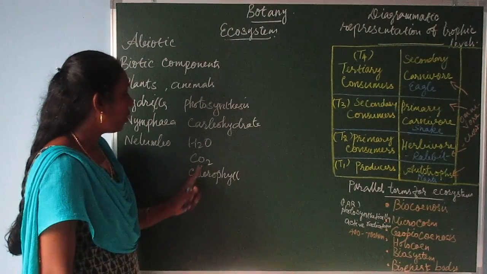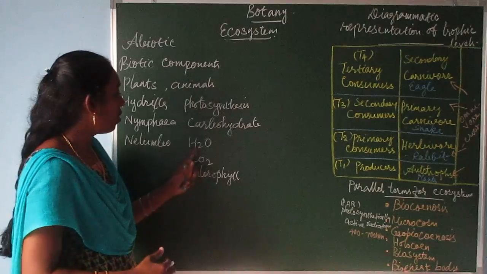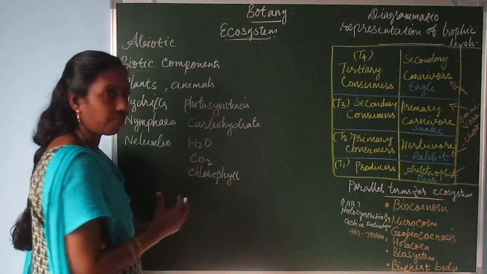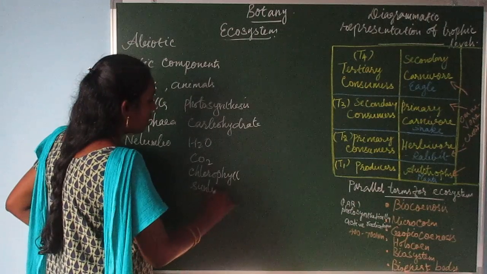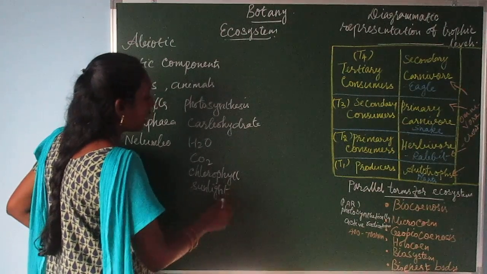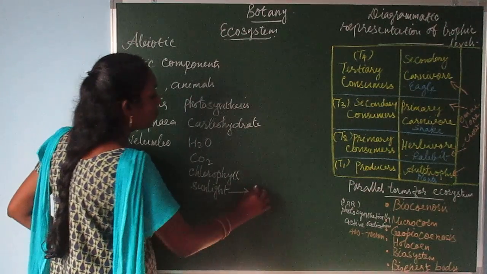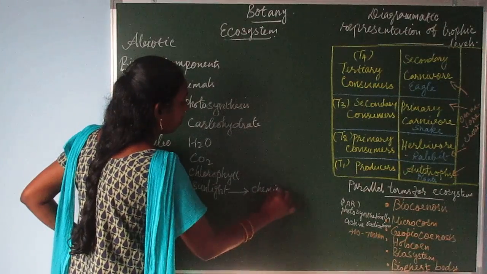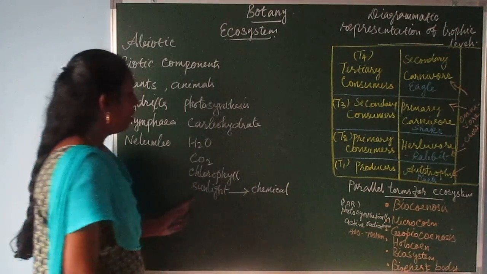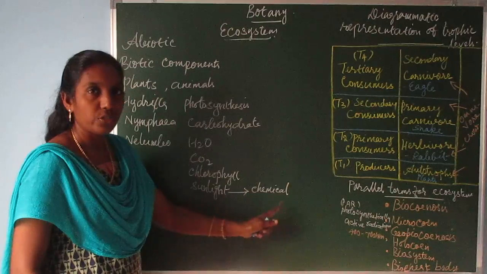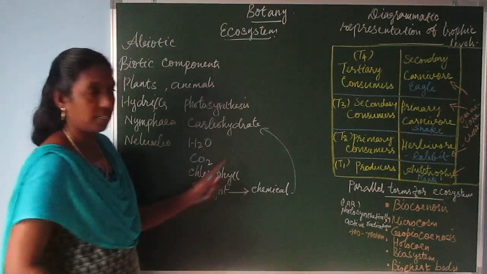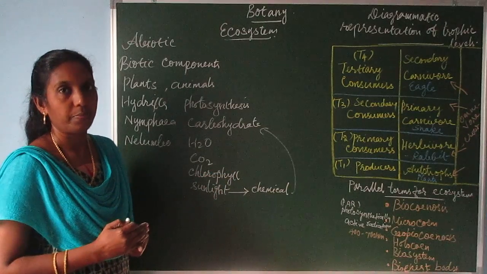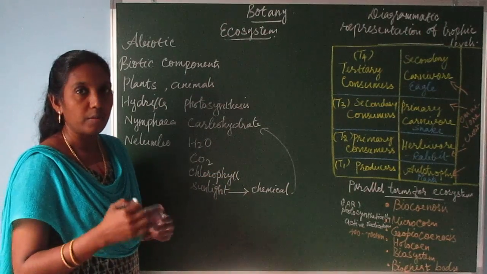Plants trap sunlight, the source of energy, and convert light energy into chemical energy, and manufacture the food carbohydrate. This is the process of photosynthesis, which is considered the leader process.